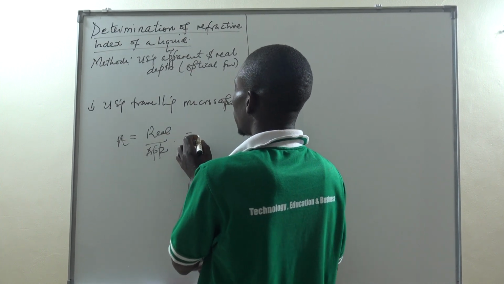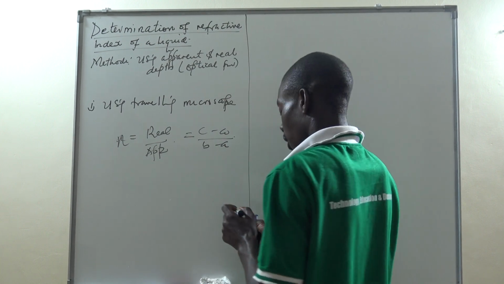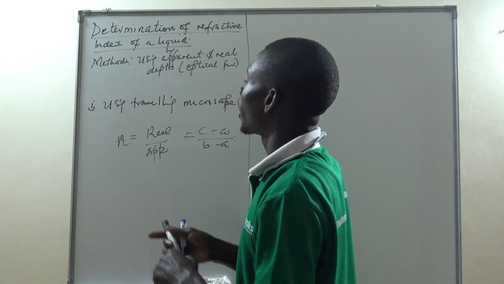Okay? Which was C minus A over B minus A. That is using traveling microscope.